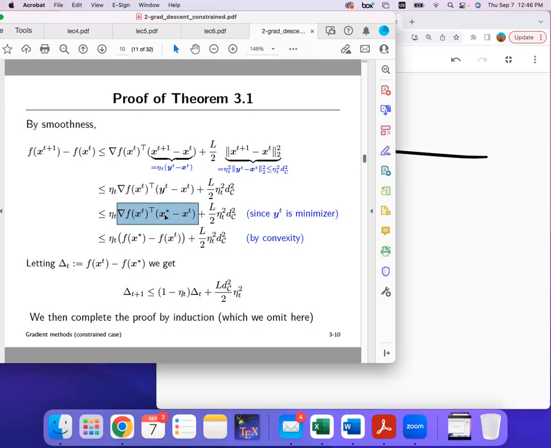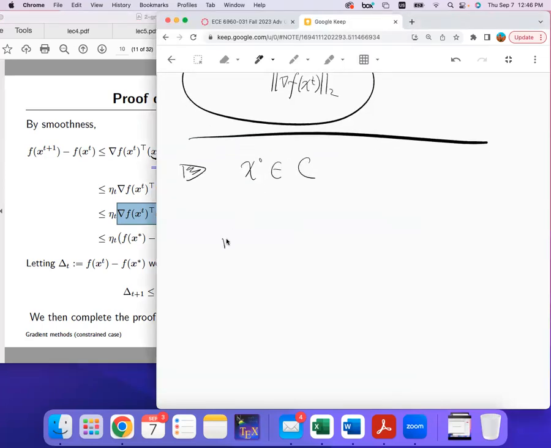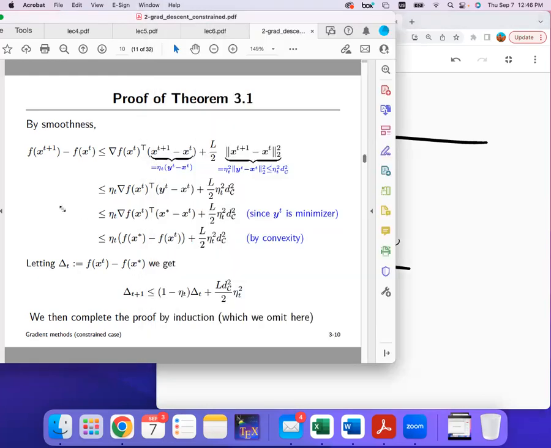Well, x star is the minimizer of this constraint convex problem, right? I assume X star is one of the solutions of this problem. Now I claim that this dot product has a lower value than this dot product by replacing YT by X star.